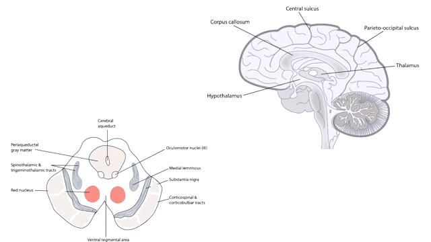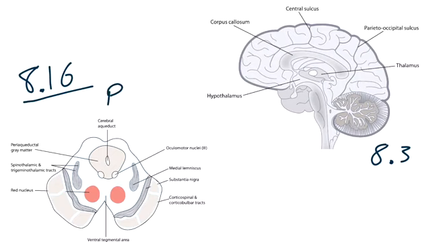So here on the left we have figure 8.16, and on the right we have figure 8.3, both of which were discussed previously in this chapter. Looking at figure 8.16, if we're looking at the dorsal or posterior aspect of the midbrain, we can identify the superior colliculi.